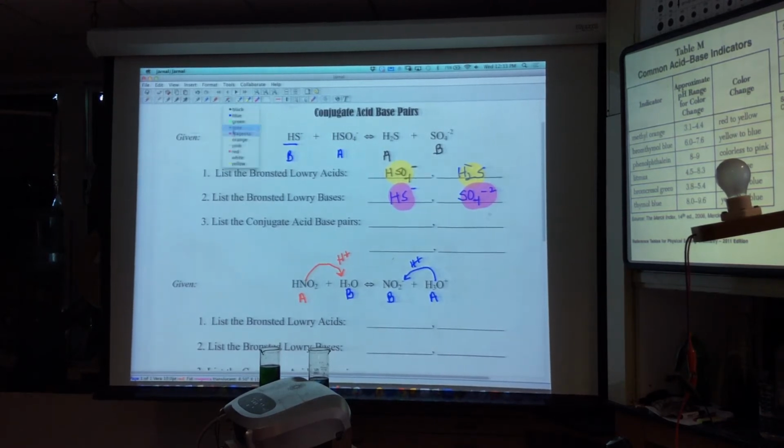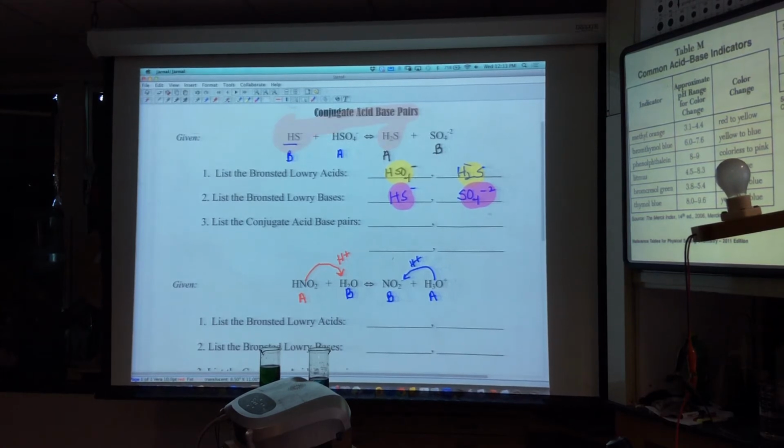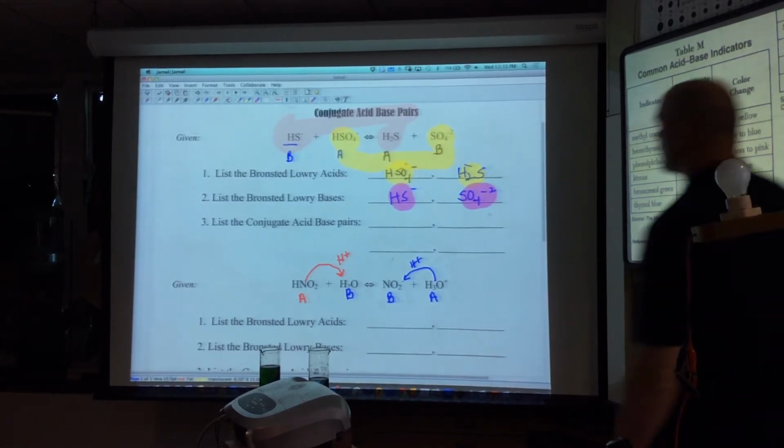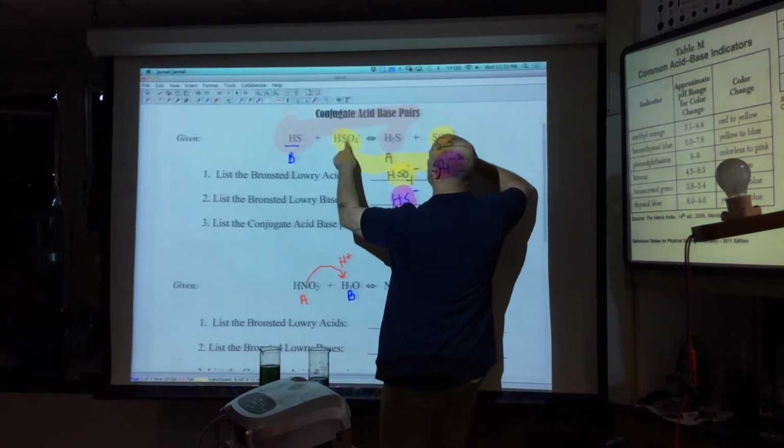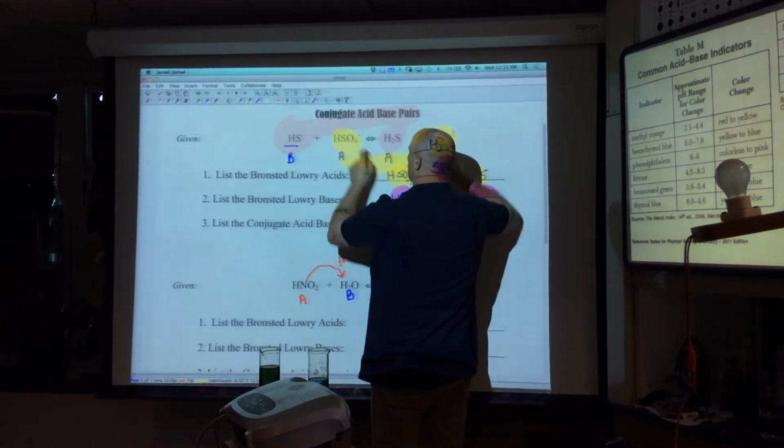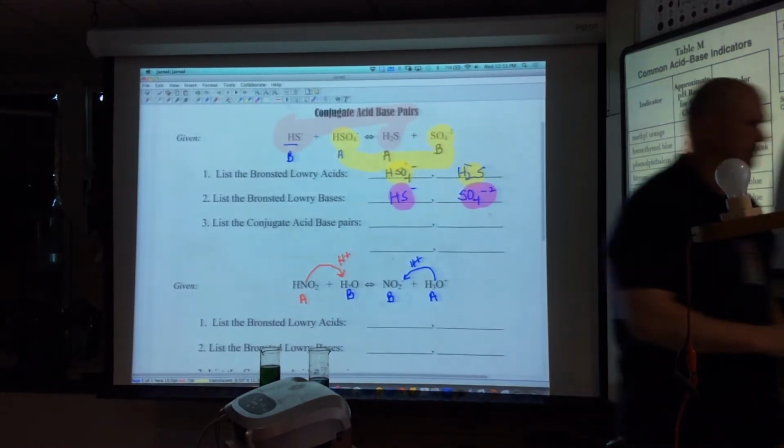Make this pink, we have HS becoming H2S. And where's another one? HSO4. Those are my two conjugates. Same chemical, plus or minus an H. All right? Let's go on to the next one.